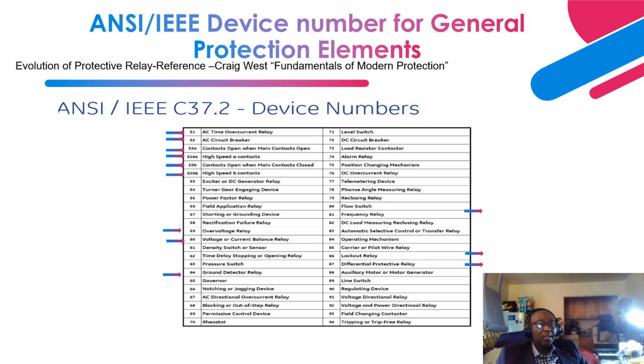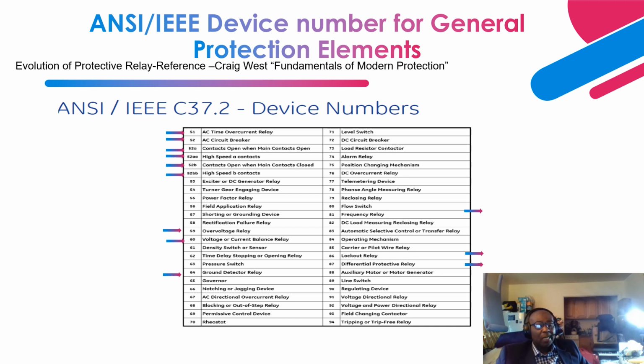Next is AC circuit breaker, that's ANSI device 52. Then we have 52A, 52AA. Those are auxiliary contacts for the breakers. For breakers that use high-speed contacts, we utilize 52AA and 52BB. Next is over voltage, ANSI device 59.